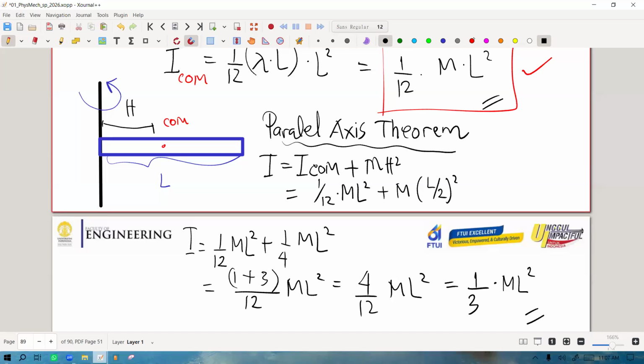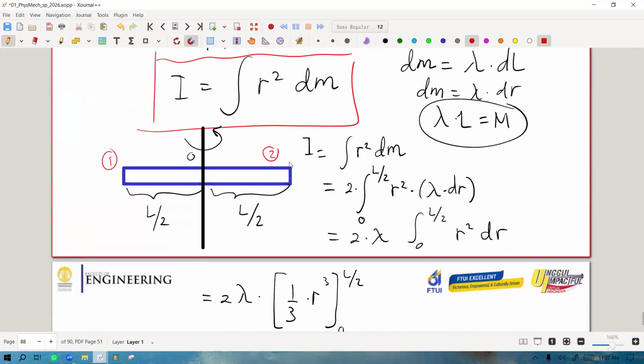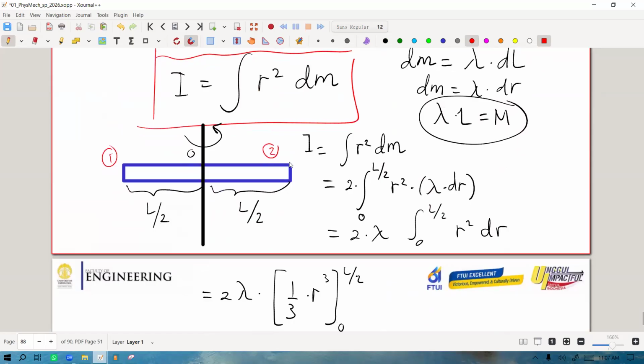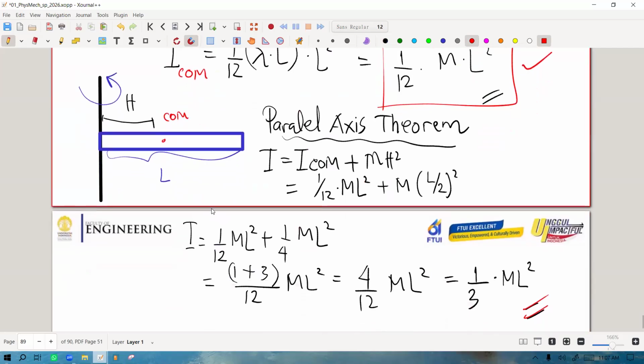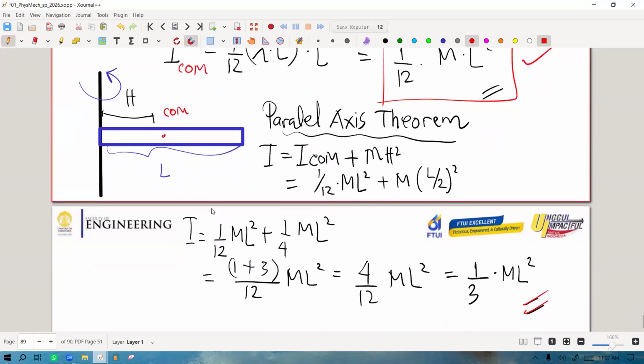Okay, we got the new inertia here. It means that, for example, if we rotate about the center of mass, and then we move the axis to here, the inertia will be different. Any question for this one?